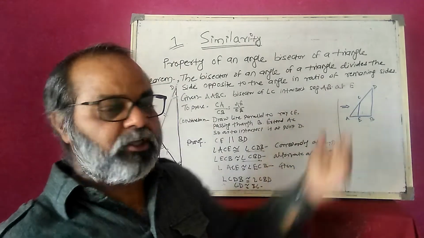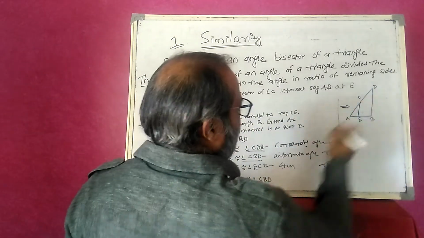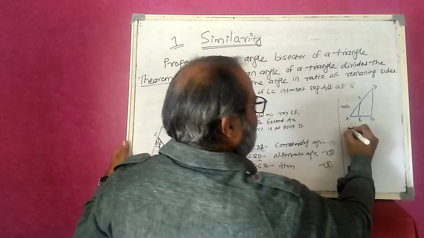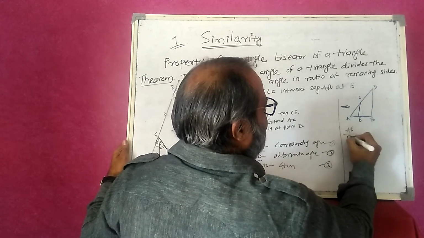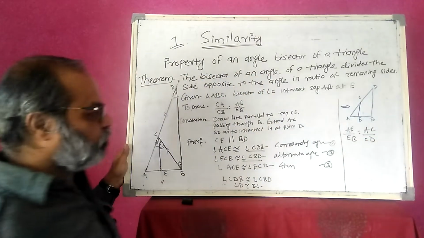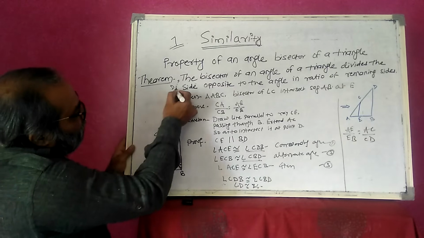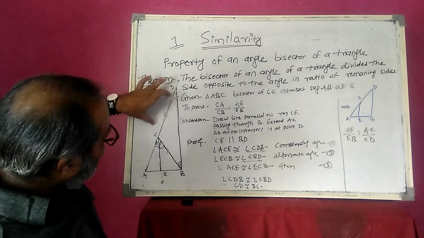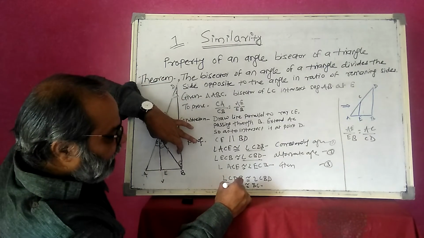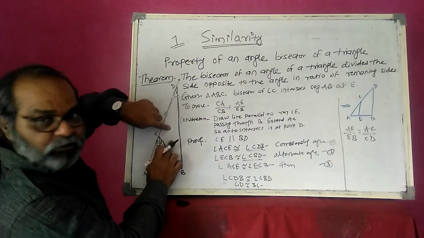So we are using the basic proportionality theorem. What does the basic proportionality theorem say? AE upon EB is equal to AC upon CD. So AE upon EB is equal to EC upon CD. But as we just explained, CD is congruent to CB, because it forms an isosceles triangle.